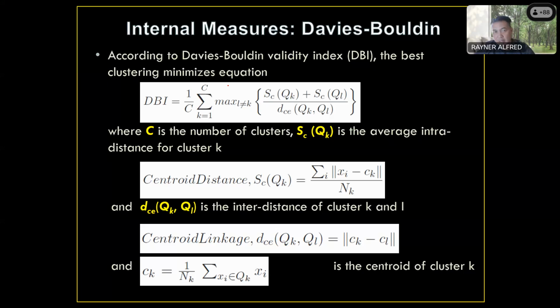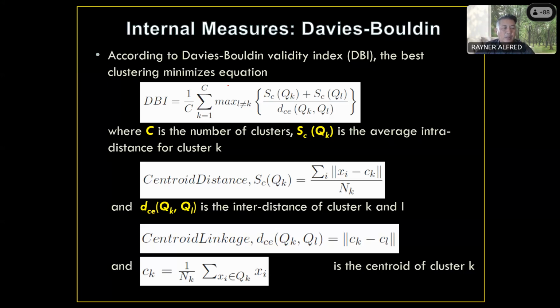So this is called DBI, or Davies-Bouldin Validity Index. So for this one, they are looking at the compactness of the cluster and how far they are separated. So they look into the distance between cluster as well. Okay.